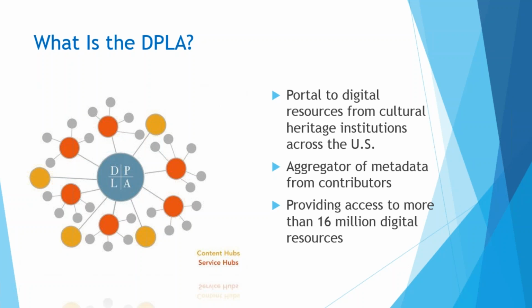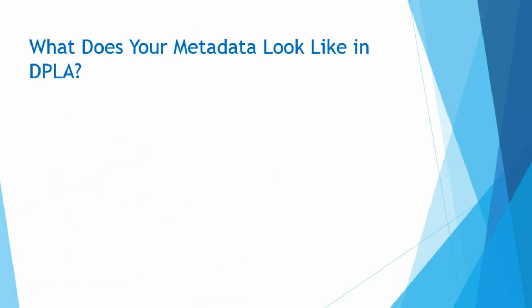DPLA is used by many individuals, including researchers, educators, and students, but some people also use it for genealogy and various other research reasons. Currently, there are more than 16 million digital resources accessible through DPLA, and 204,000 of those are being contributed by the IDHH, which is actually a pretty significant number for DPLA.